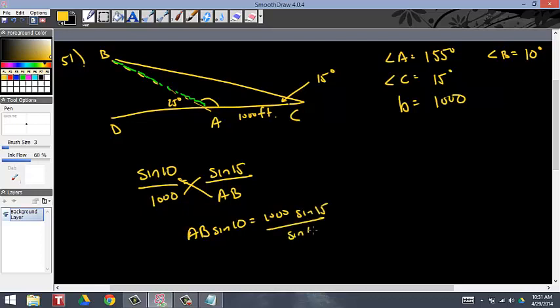Divide by sine 10, and you will have your answer. So let's take a look. Sine 15 times 1,000 divided by sine 10. I got AB approximately equals 1490.48. Looks like feet.